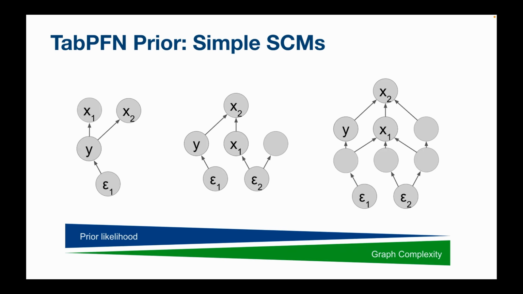So this epsilon1 here causes this node here, and epsilon2 has influence on these two nodes. How we implement this is very similar to a neural network, plus some noise, plus being creative with the activation function.